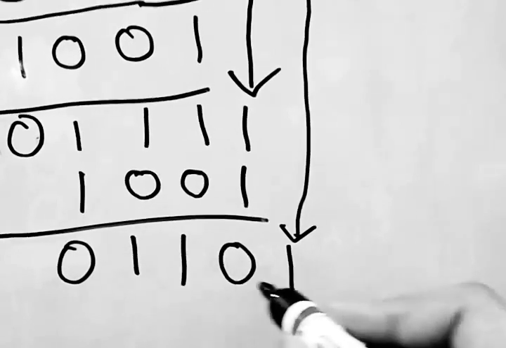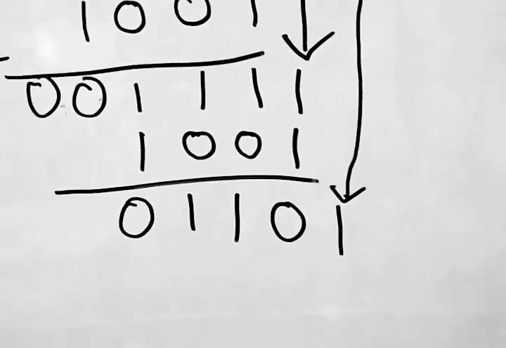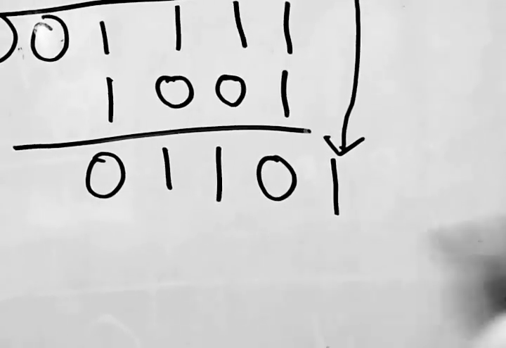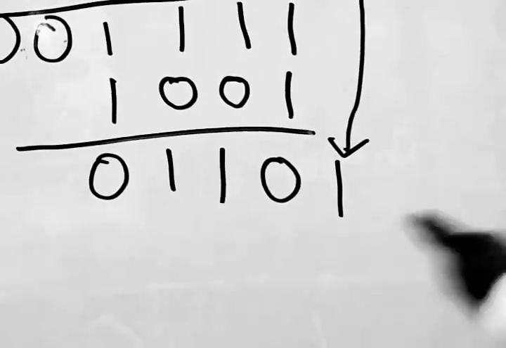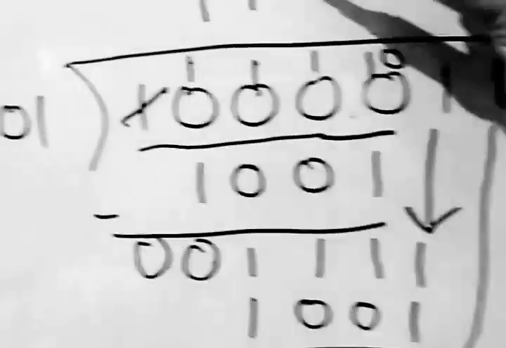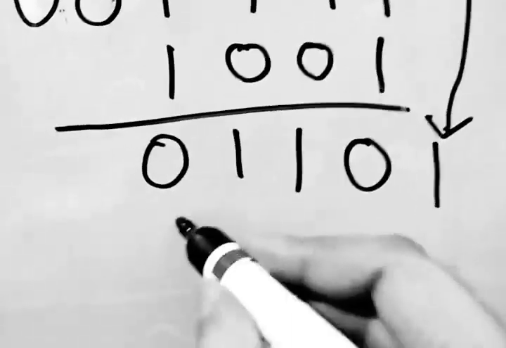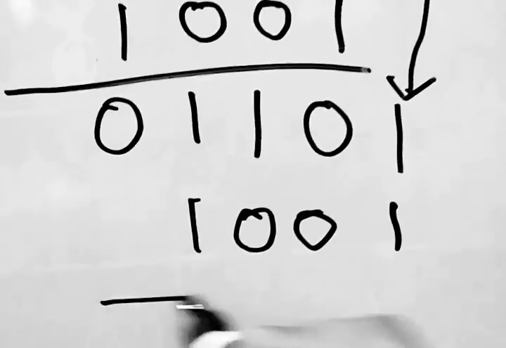It will become 1101. 1101 is equivalent to decimal 13, and 1001 is 9, less than 13. So again we can put 1 here. 1001 is equal to 1001. Again we'll subtract.